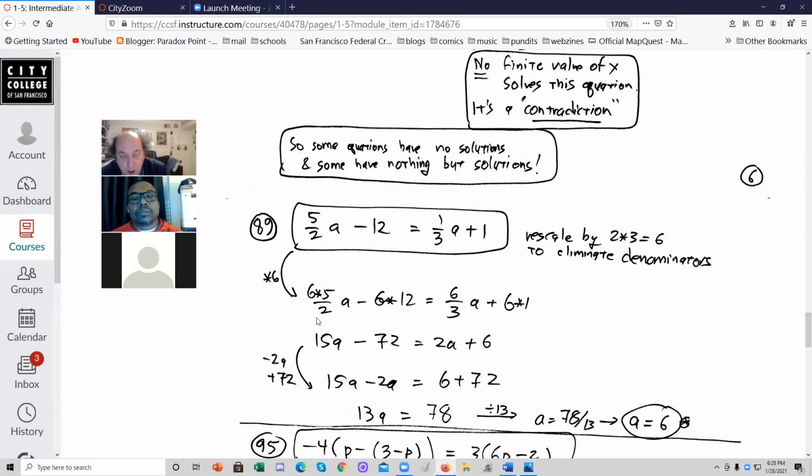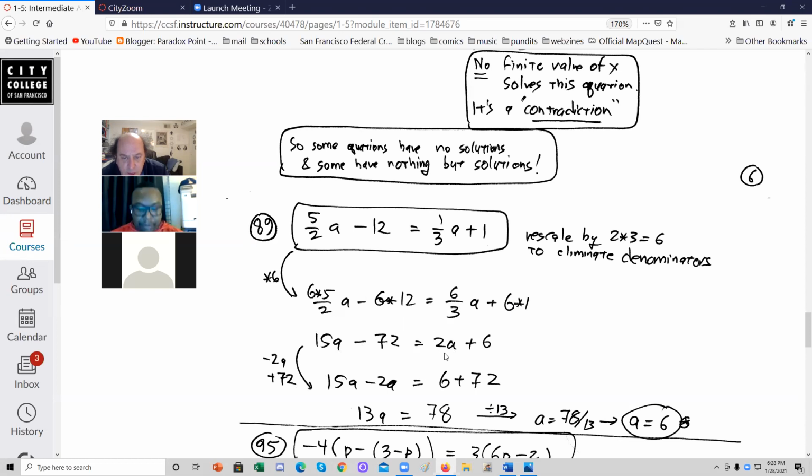Work out 6 times 5 over 2, it's 15, so 15a minus 6 times 12 is 72, 15a minus 72 equals 6/3 a is 2a plus 6 times 1 is 6. 15a minus 72 equals 2a plus 6. I will transpose the 72 to the right by adding 72 to both sides.